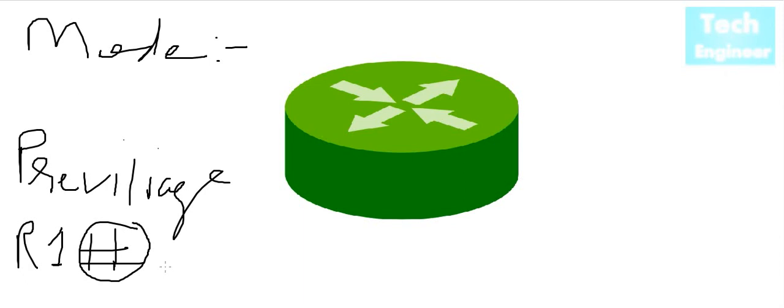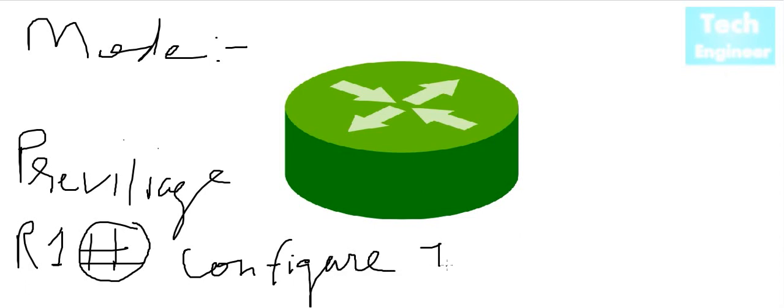Now at the hash mode, privilege mode, you have to give the command configure terminal, or config t. Configure terminal will allow you to go to configuration mode.